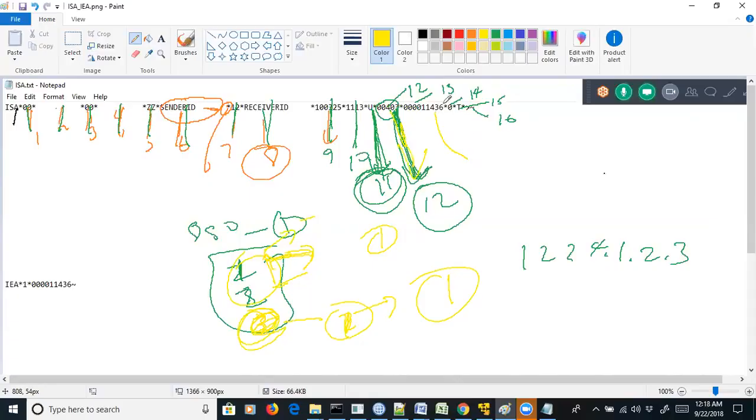Next, which is your field number 13. This 13th field is your interchange control number.